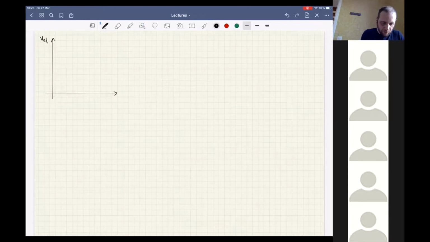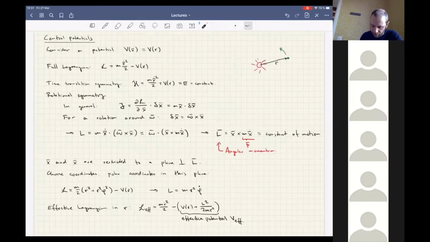So if we have V effective, or V in general, on the vertical axis and r on the horizontal axis, and I now draw whatever kind of potential I had from the beginning, this is V of r, and I draw this additional term that we got from the angular momentum.